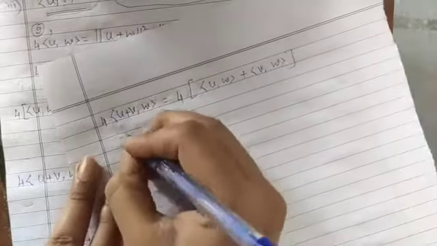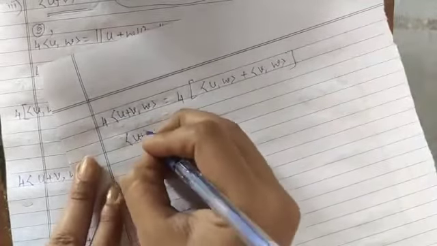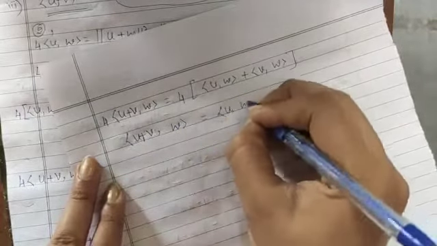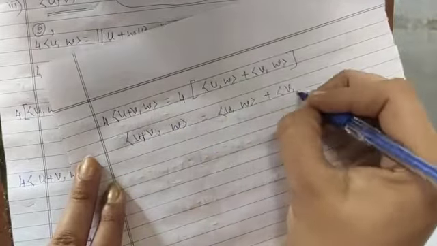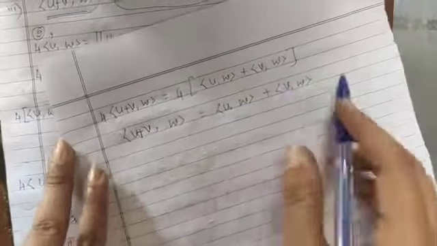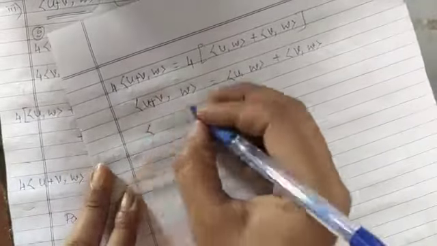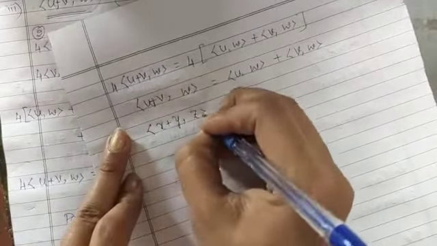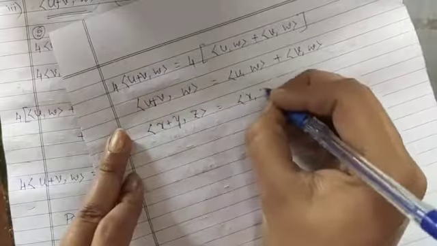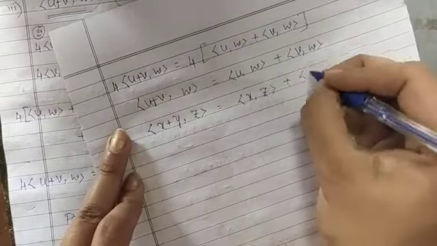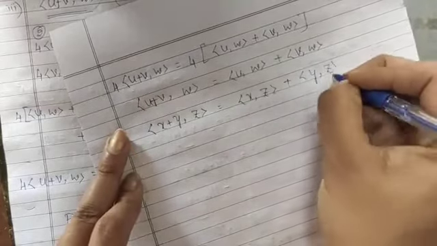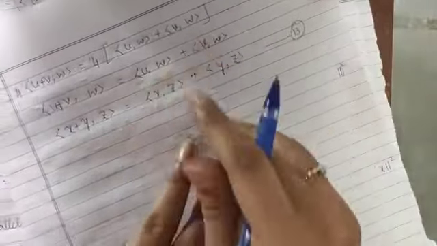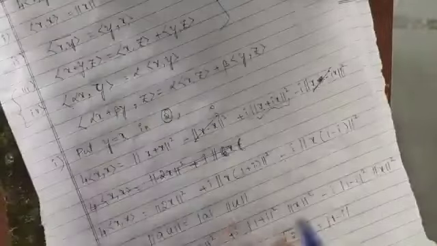This is nothing but inner product of u plus v comma w is equal to inner product of u comma w plus inner product of v comma w. These are arbitrary elements, so you can conclude inner product of x plus y comma z is equal to inner product of x comma z plus inner product of y comma z. Call this equation number 13. So equation number 13 is nothing but your property number 3.